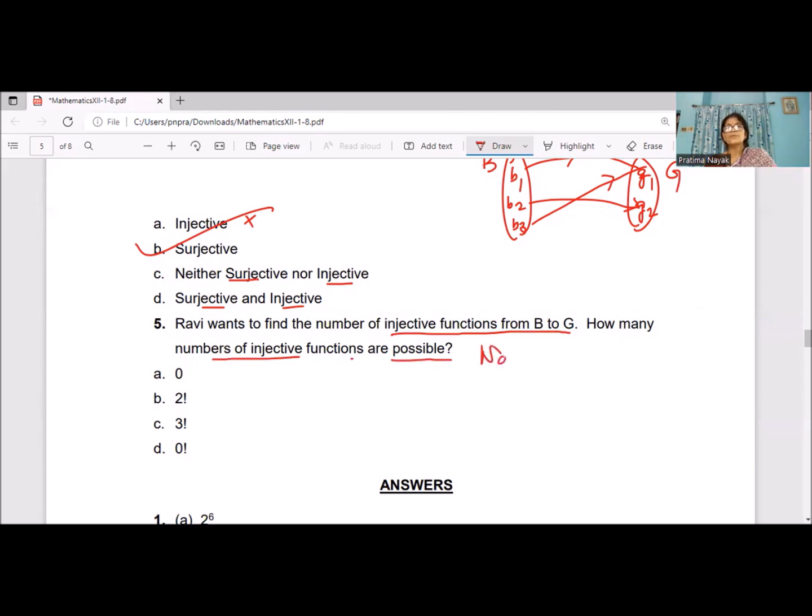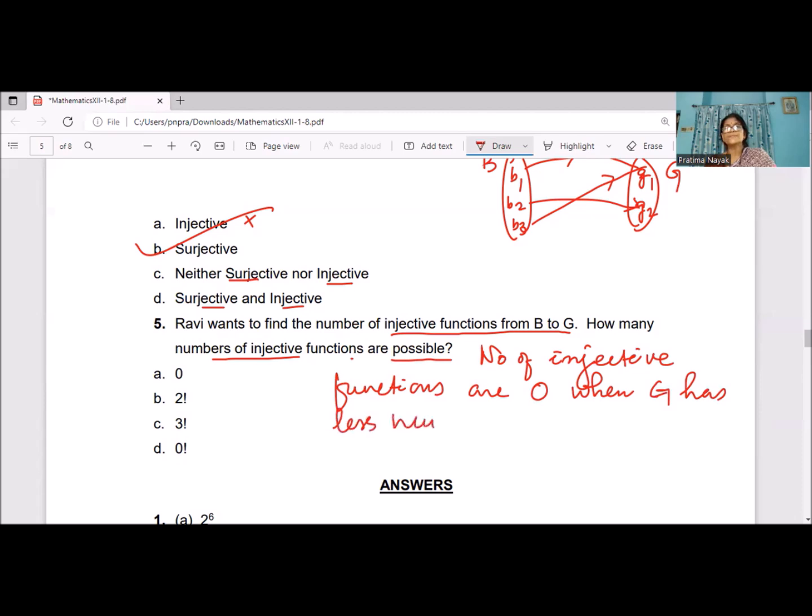The number of injective functions is 0 when set G has fewer elements than set B. So here B has 3 elements, G has 2 elements, so the number of injective functions will be 0. So A is the correct answer for this question.